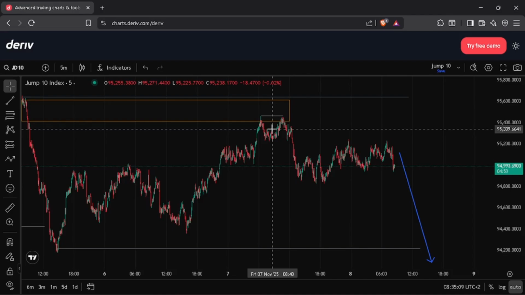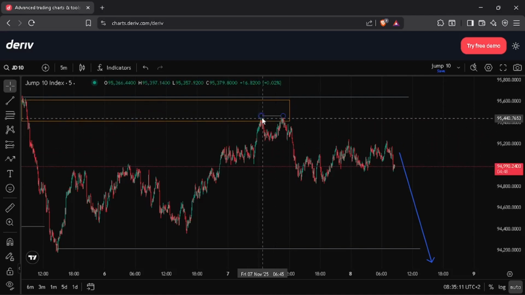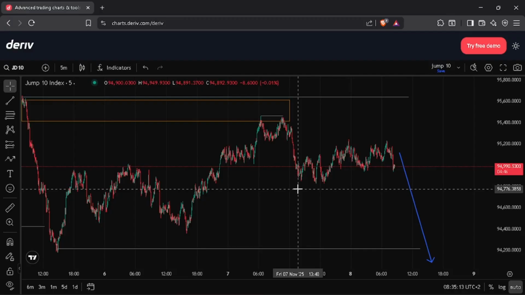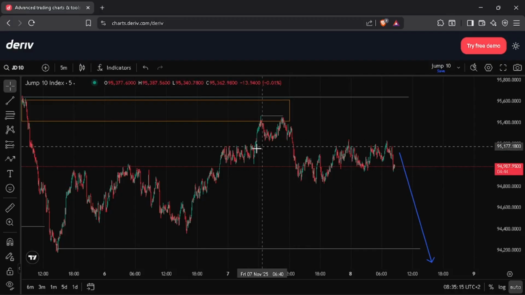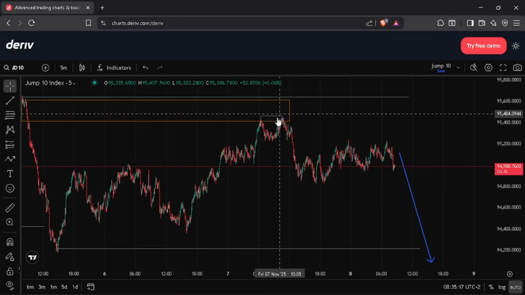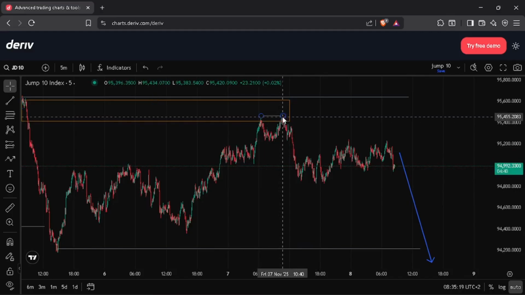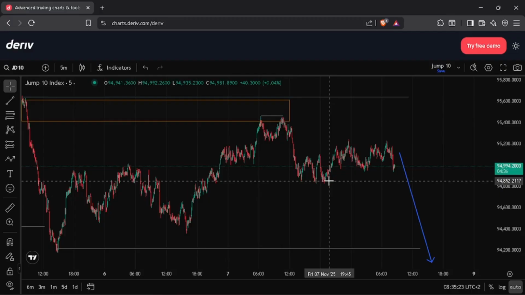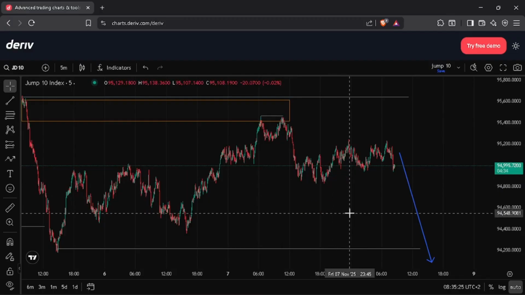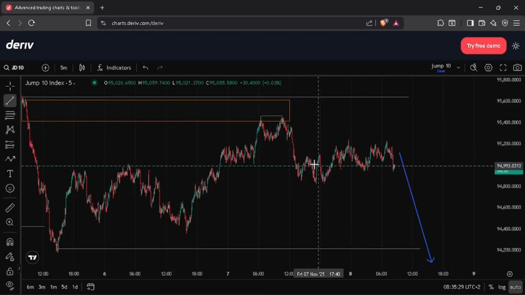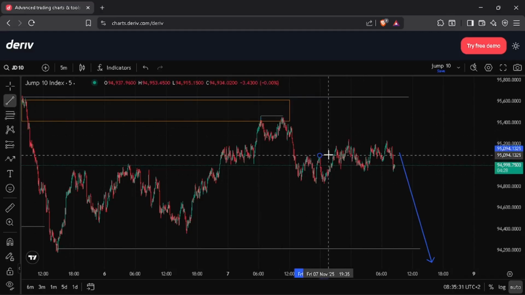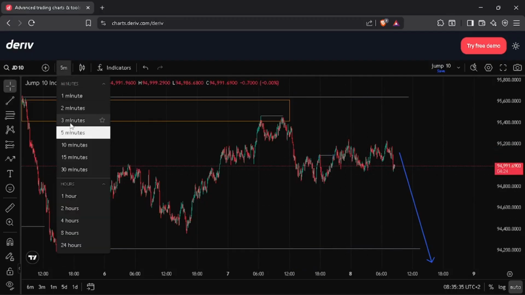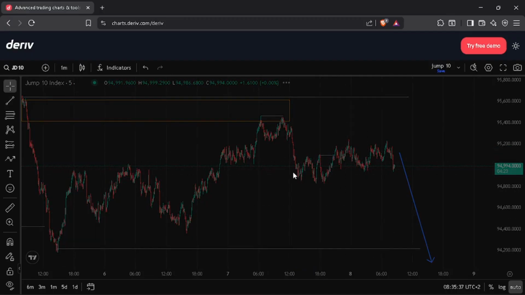So when you find this in the market, what basically happens is that the market tends to come and wipe out these types of structures and then proceeds to go down. So what I'm seeing now is that we have a break of structure here. Let's go to our 1-minute time frame.